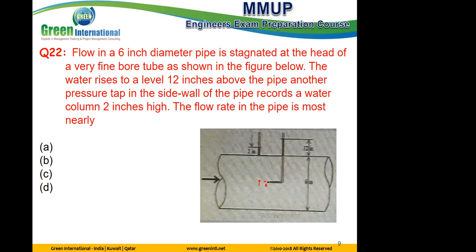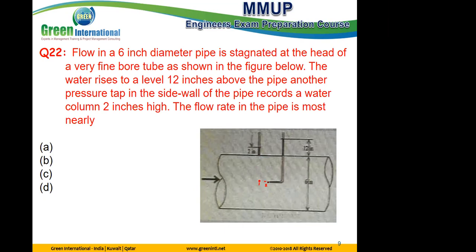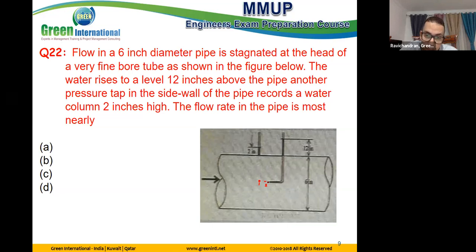Okay, but it's saying that the liquid is stagnant at the head of a very fine bore tube. Yeah, but this pipe intersects to measure this point.